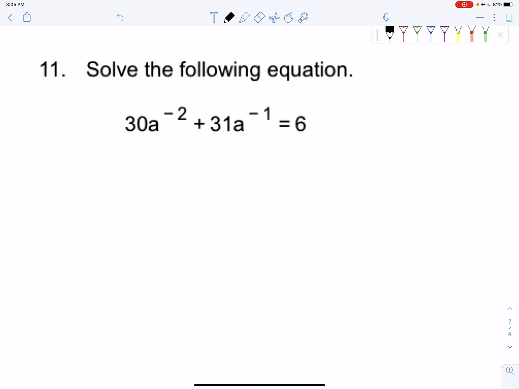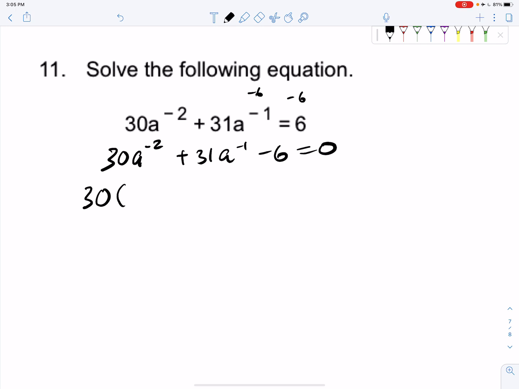Well, once again, I want to subtract 6 on both sides just to get this in a better form. It's not quadratic form yet, but set it equal to 0. And once again, the question is, can I write this as a quadratic?